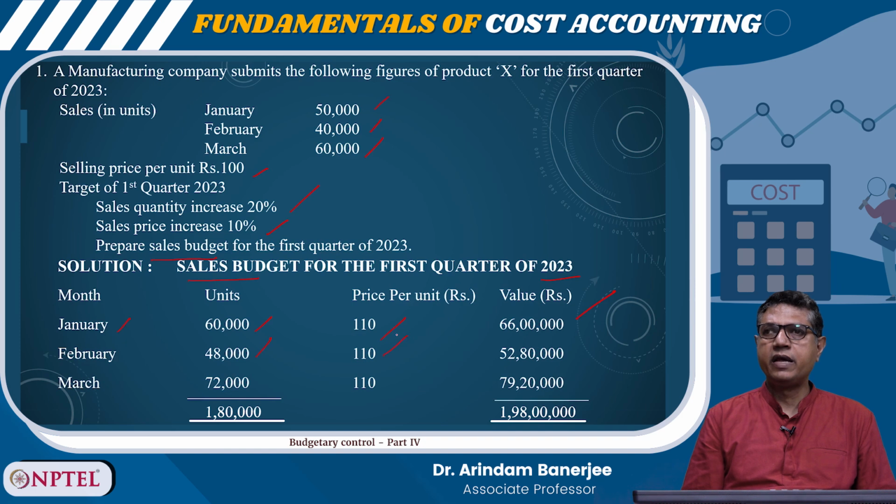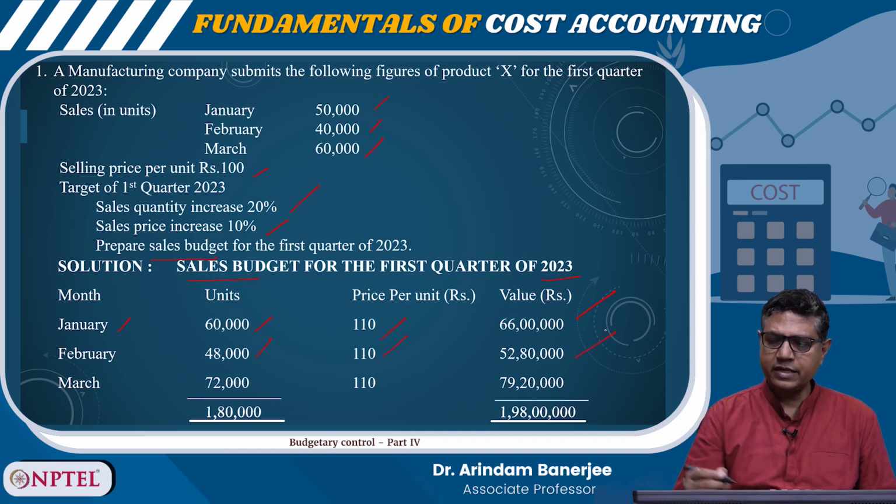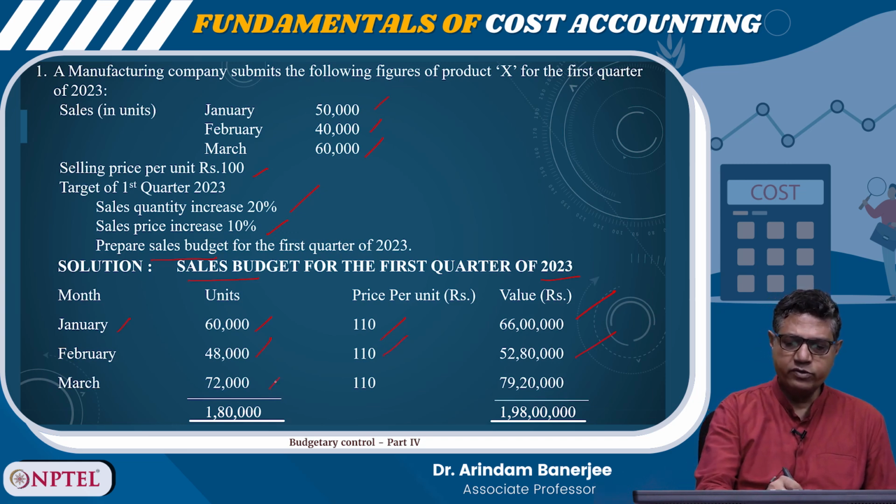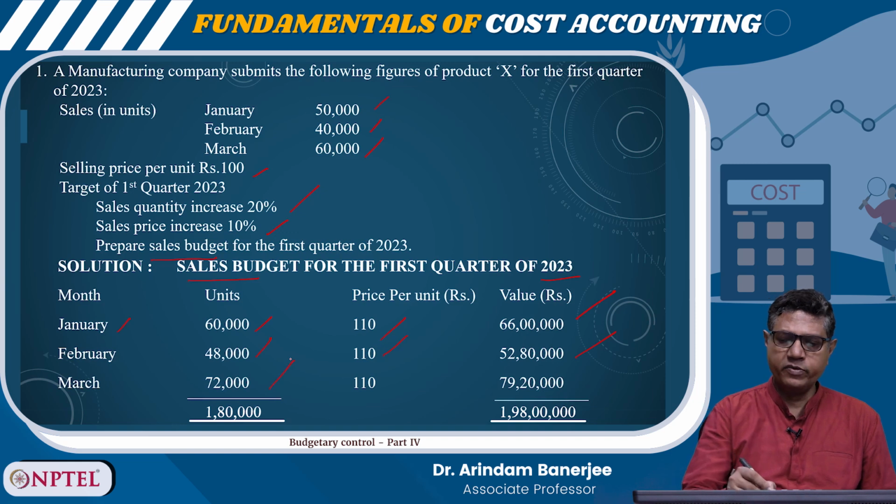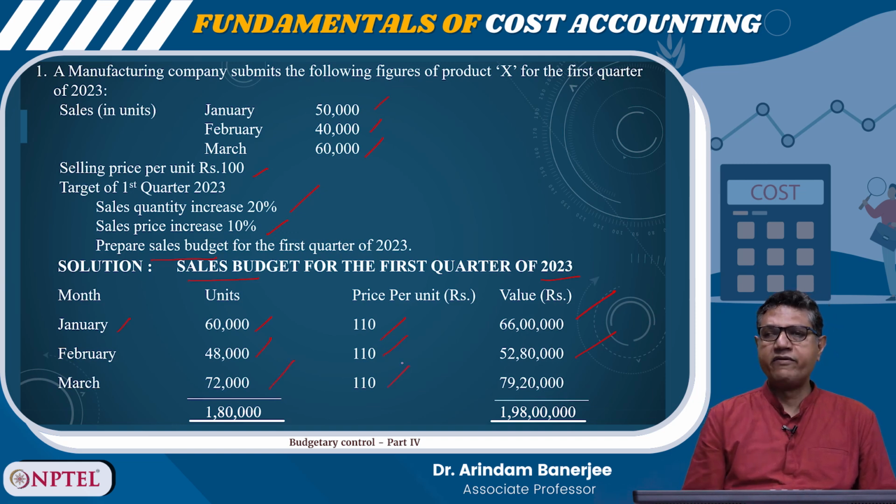So 48,000 into 110 is 52 lakh 80,000. And in March, the total units are 72,000 and the price per unit is 110. So, 72,000 into 110 is 79 lakh 20,000.